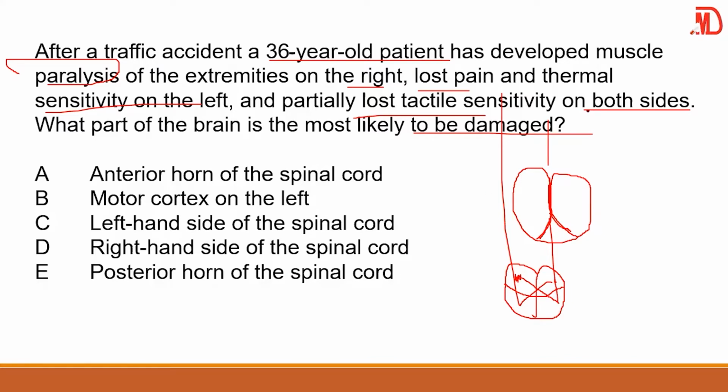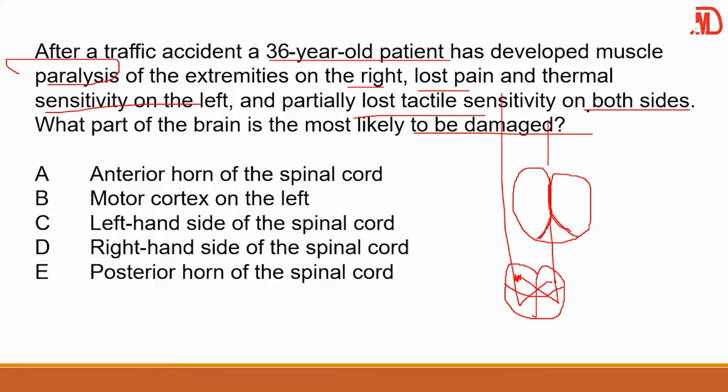If pain and temperature is on the right, the sensation is coming from the left side of the brain. If it's on the left, it's coming from the right side of the brain.